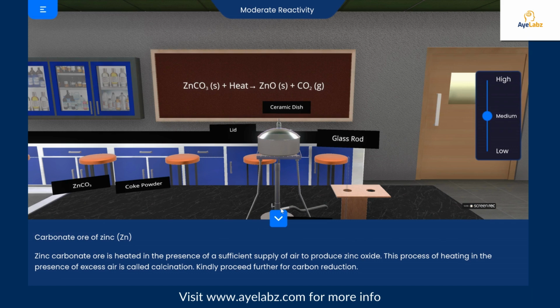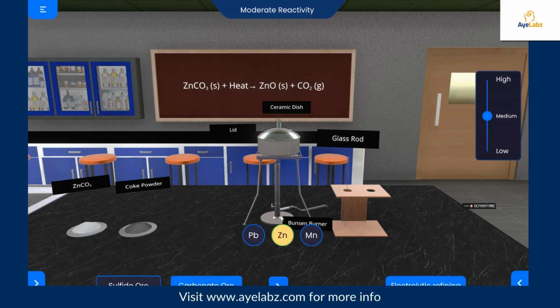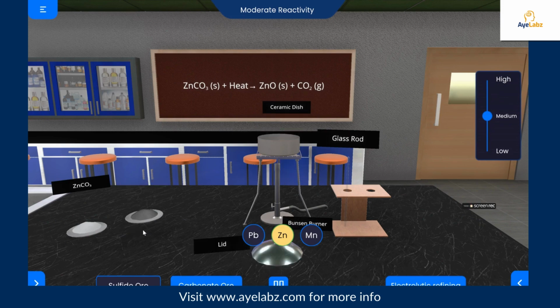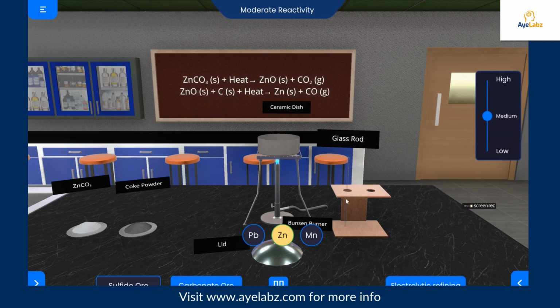Once the calcination is over, we can proceed to carbon reduction. For that, we are adding coke powder by clicking on it. And I'm using the glass rod to get that mixed. Side by side, you can get the view of the reaction, what is happening over there in the extraction process.